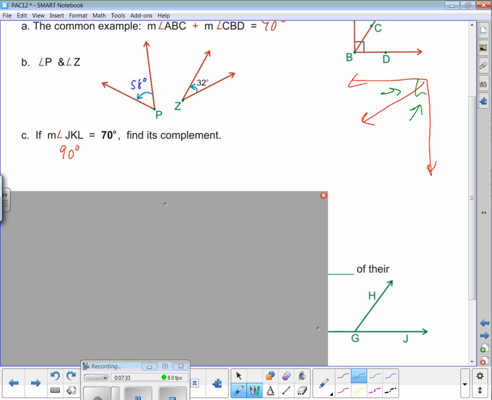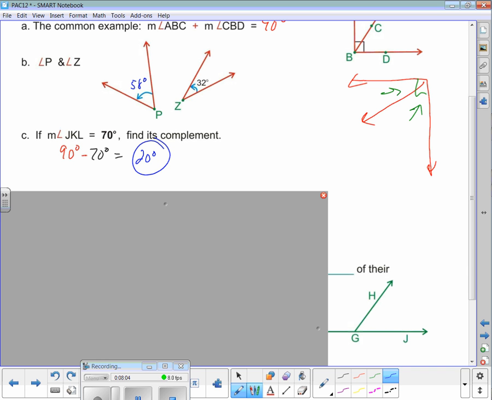You simply subtract the one you know from it, and then what's left is going to be its complement. When you finish this off, we all know 90 minus 70 is 20. So does that make sense? If two angles together equal 90 and one of them is 70, how much does the other one have to be?